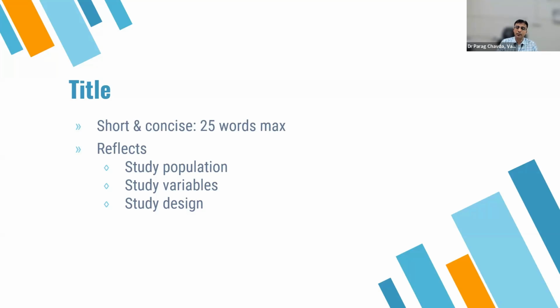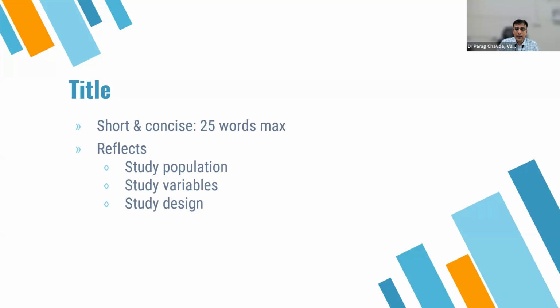We earlier took an example: the knowledge of first aid among the adult residents of a village on the first aid practices in case of snake bite, a cross-sectional study. Usually people keep the study design towards the end, right? So that's how the title would go.